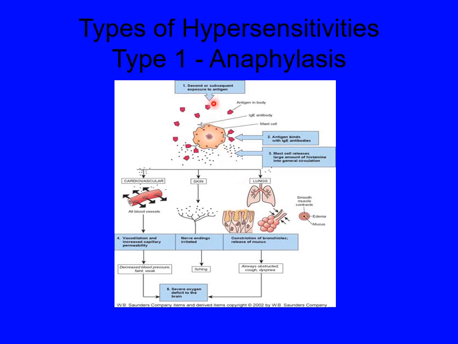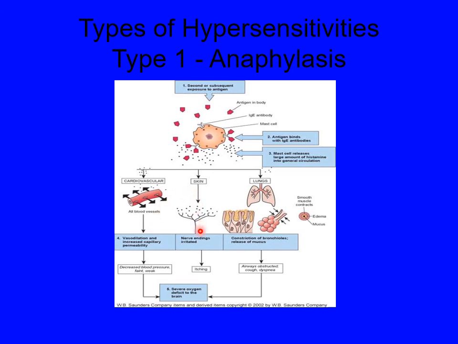So what happens is sensitization occurs like in the first response, and then your second response, here comes the allergen, and it binds with the IgE antibodies, and the mast cells are going to release large amounts of histamine into the general circulation, and this can result in a massive outpouring of fluid from your capillaries, which can result in systemic shock.